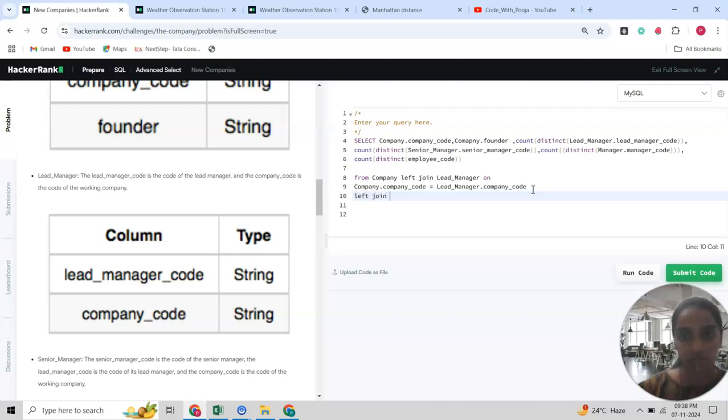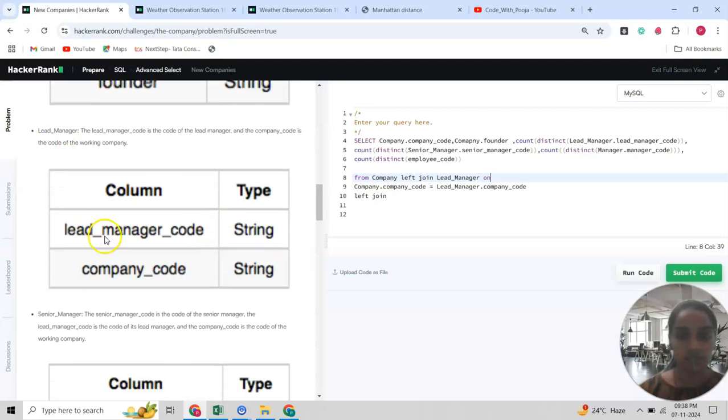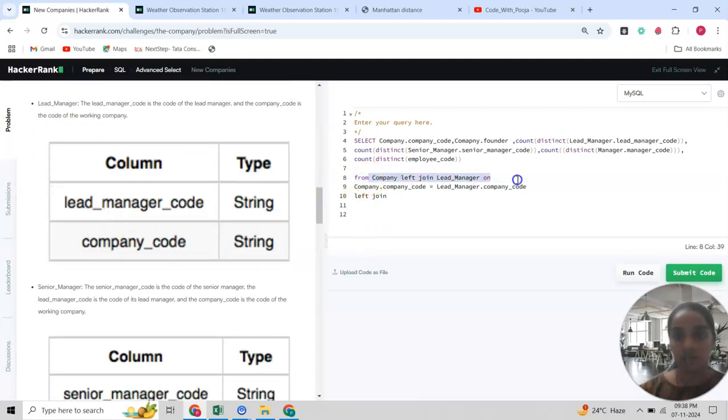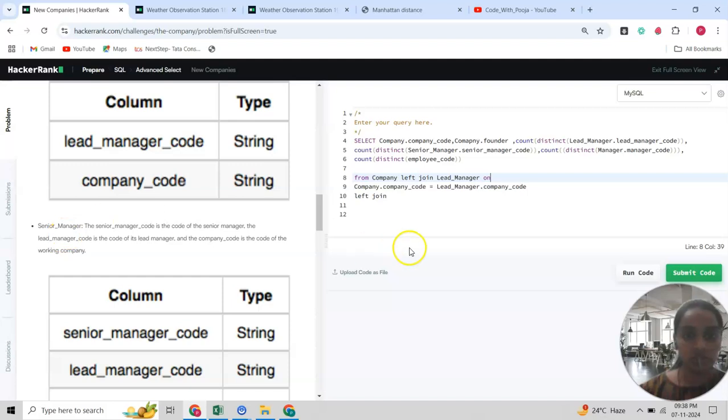Then again left join, on what? Now this will form one new table. Company and the lead manager form a new table, and after that I will again do a left join of this table with the senior manager table.